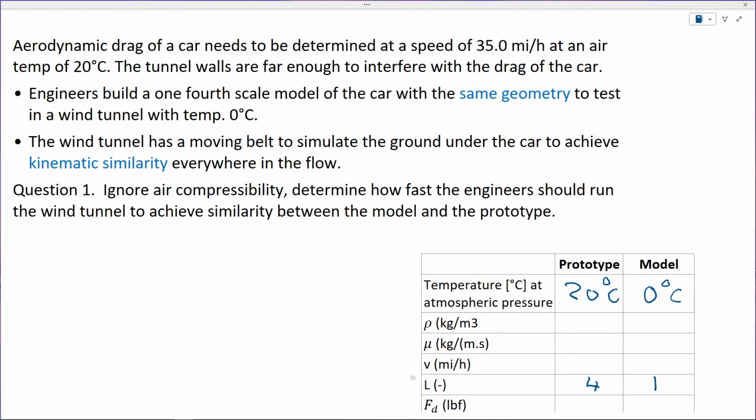And again, I'm not expressing lengths in meters or feet or anything. Why? Because it doesn't matter, because I'm getting the ratio between these two. So regardless of the unit, as long as they have the same unit, it will cancel. So I'm not putting anything here. Doesn't matter.